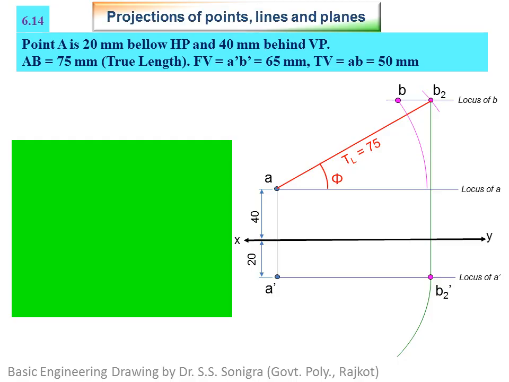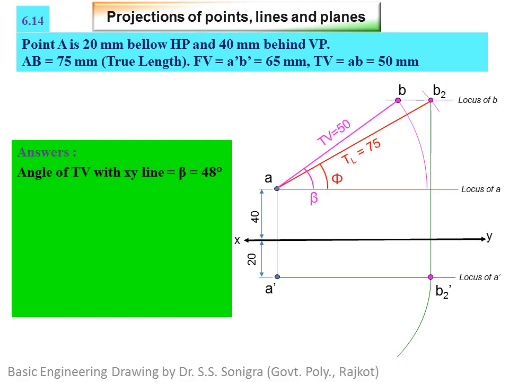What have we done? We took 50 mm as a radius, that is given in this data, AB equal to 50 mm. With A as a center, we drew an arc, and that arc cuts the locus of B at this point, that is point B. Join A with B, that is top view, equal to 50 mm, that is given data. Measure this angle, that is the angle of top view with the XY line, called beta.